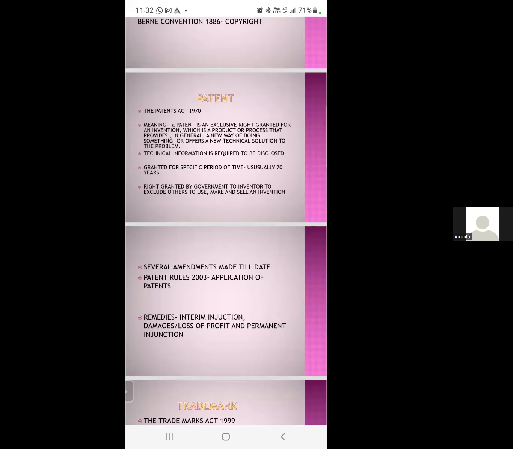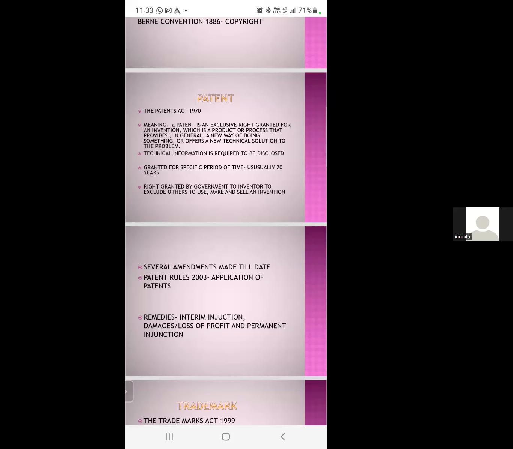In case of copyright or trademark, the owner of the unit, or the logo, or the designer. That substantive right is given in the act, and the rules give you the execution part, that is, how you can implement those rights which are given by the act.